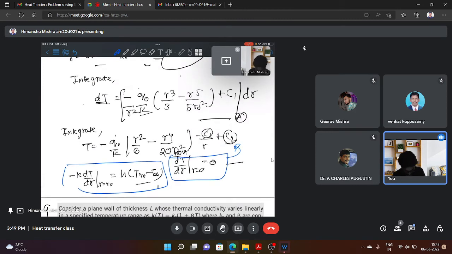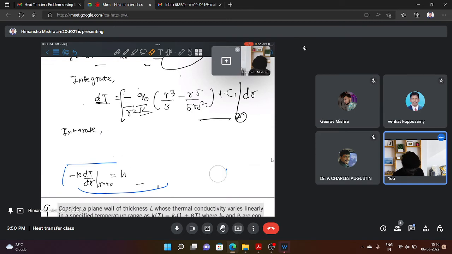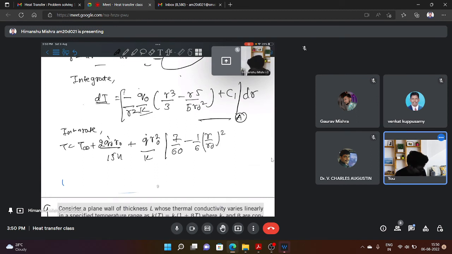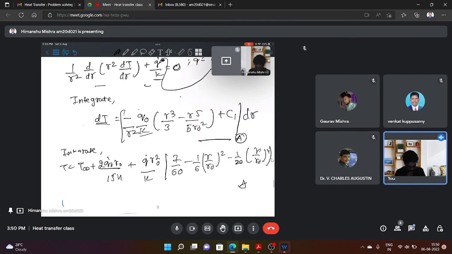So after finding C1 and C2, I can write my temperature distribution as, so this will be the temperature distribution we will get after finding the C1 and C2.